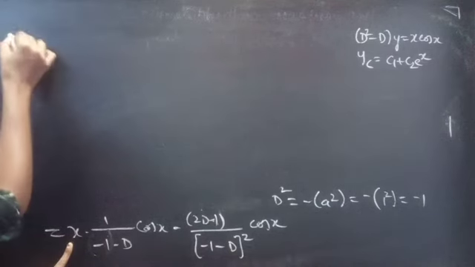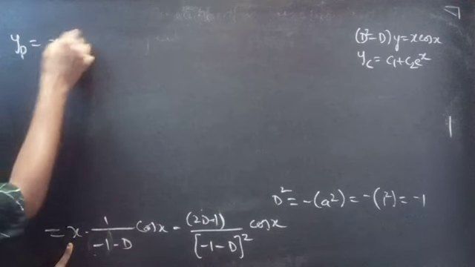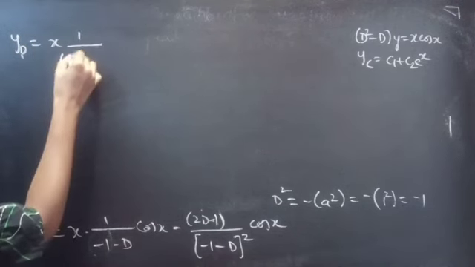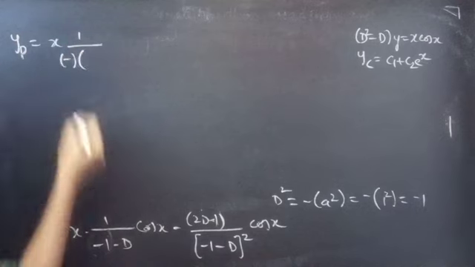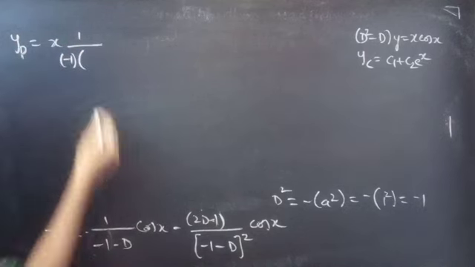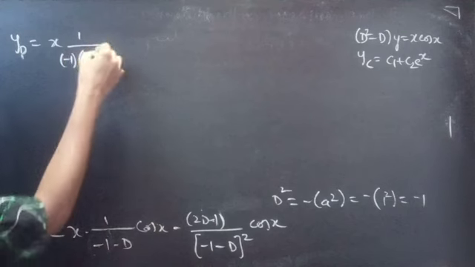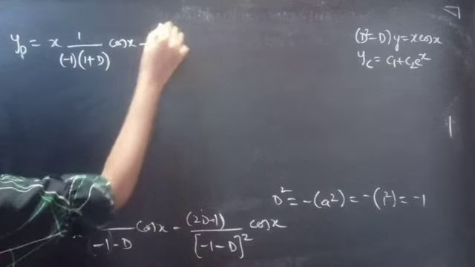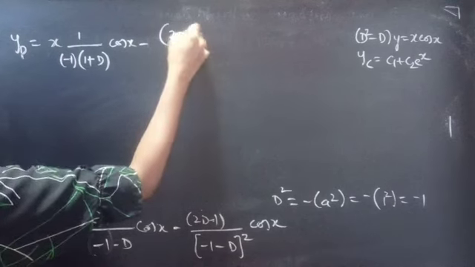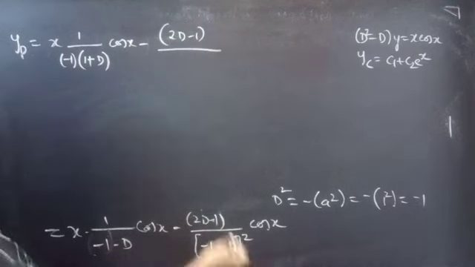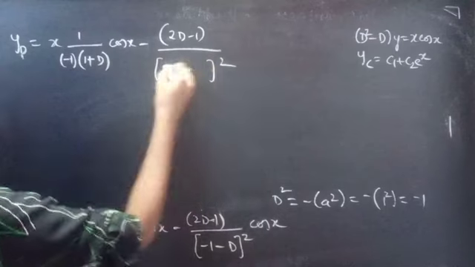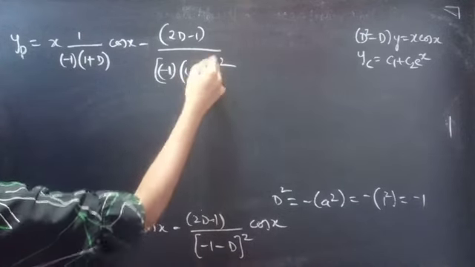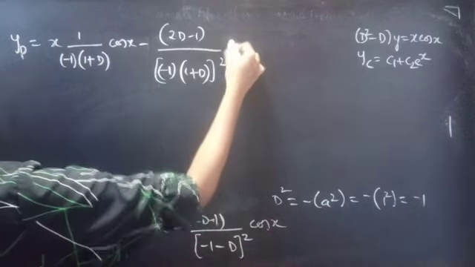This becomes x into 1 by, take minus 1 common from these two terms, we'll get minus 1 of 1 plus d into cos x, minus 2d minus 1 by, here also we'll take minus common in the denominator, we'll get minus 1 into 1 plus d, right, into cos x.